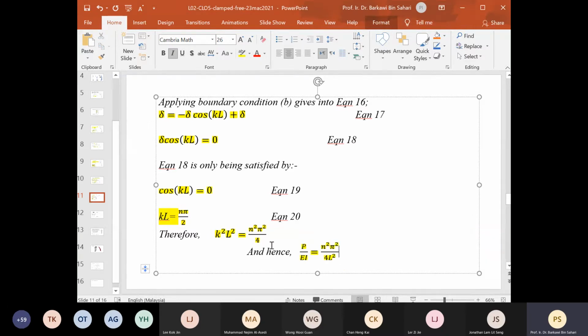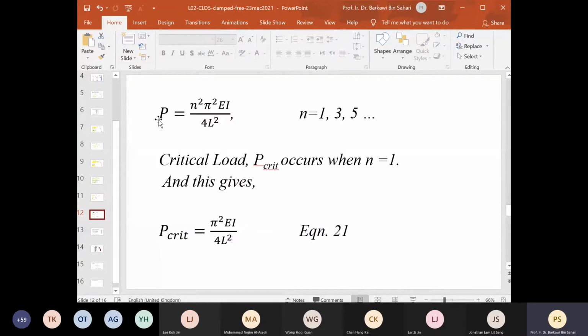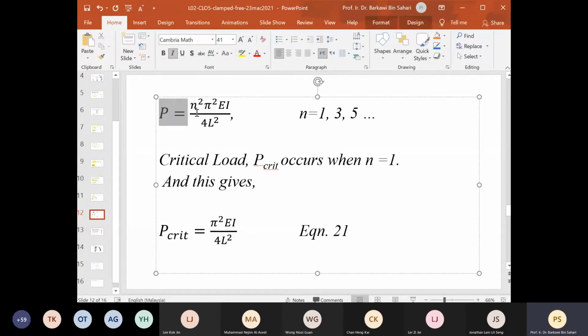Okay, so this is the general equation involving P, EI, and the column dimension. Now P then is equal to n squared pi squared EI over 4L squared, and n will have the values of 1, 3, 5, and so on, odd integers.